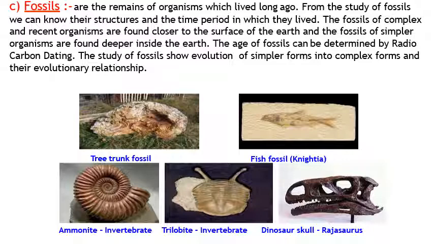The age of fossils can be determined by radiocarbon dating. The study of fossils shows evolution of simple forms into complex forms and their evolutionary relationship. Some pictures of fossils you can see: tree trunk fossils, fish fossils, invertebrate fossils, dinosaur skull.